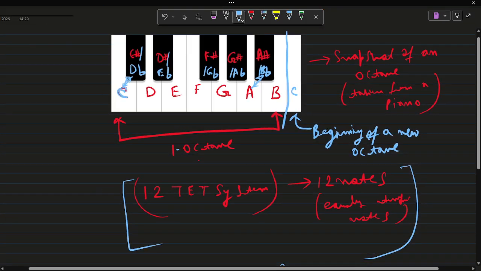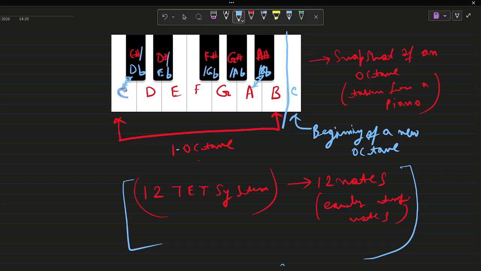So here you may see the labels for every fundamental part of an octave. From here to here, we have 12 musical notes. Each of these things is known as a note.